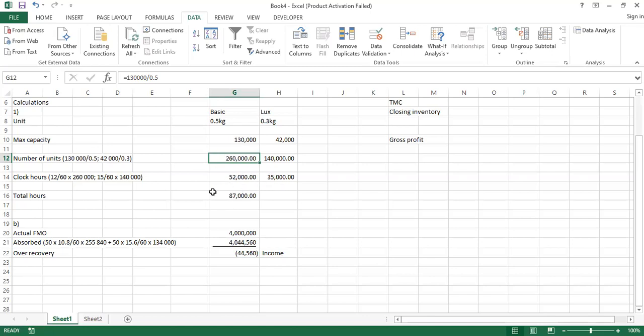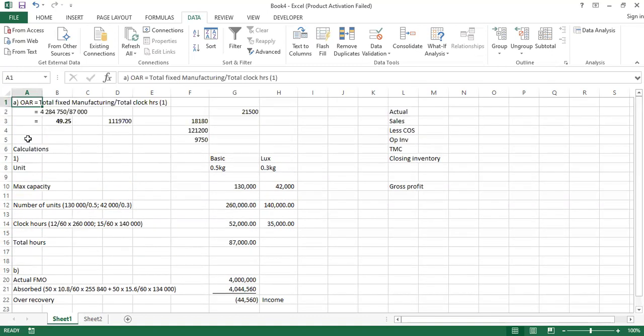So it was the total overheads divided by the hours. I think we got 0.4 something there. That total, 4284, must have been given there, and the 87,000 was the total hours that was given.